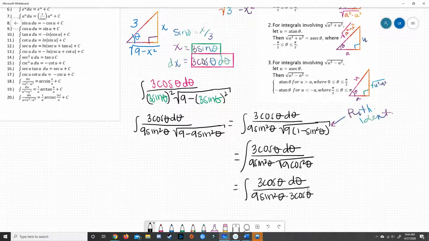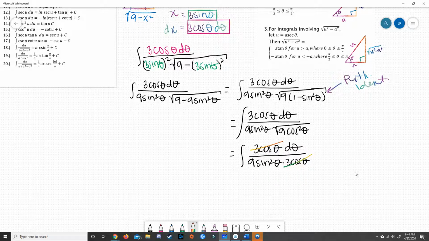Okay, now we got to simplify. I notice that I have a 3 cosine of theta in my numerator and in my denominator. Let's cross those things out. So what I'm left with when I cross those out is d theta over 9 sine squared of theta.